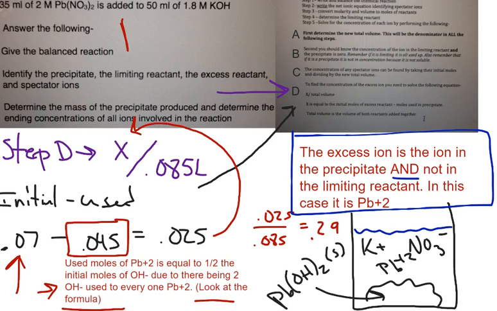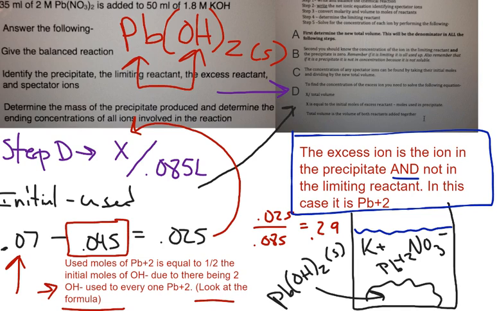So here we go, Pb(OH)2 solid. Okay, since OH is limiting, the amount of it to start with determines how much of this is being used. I will use twice the amount of OH as Pb, so the amount of Pb used must be half the amount of OH that I started with.